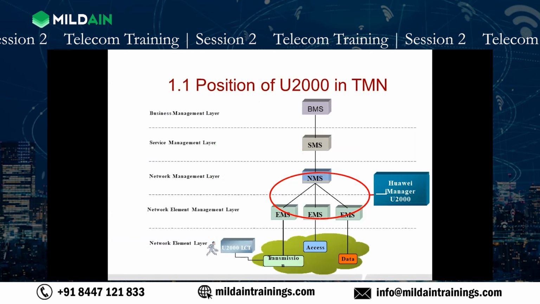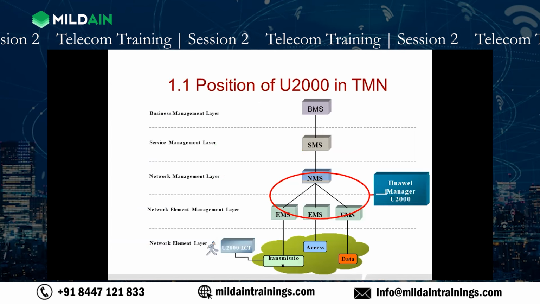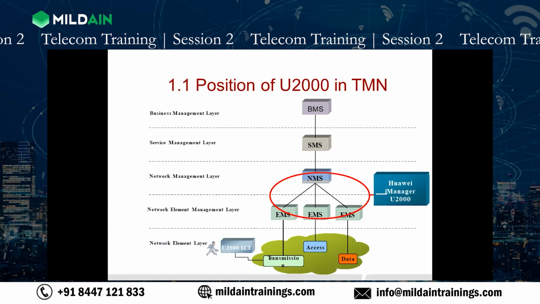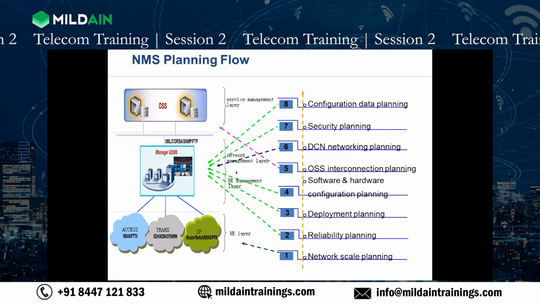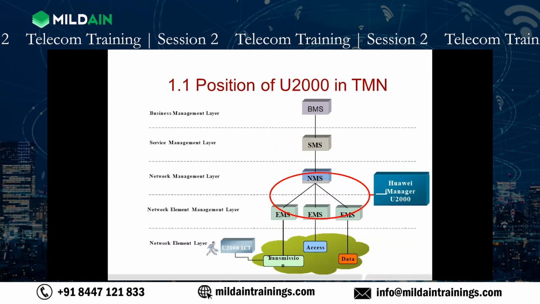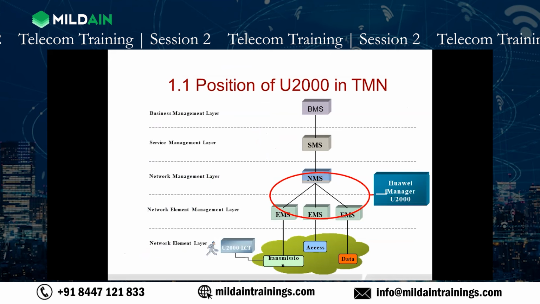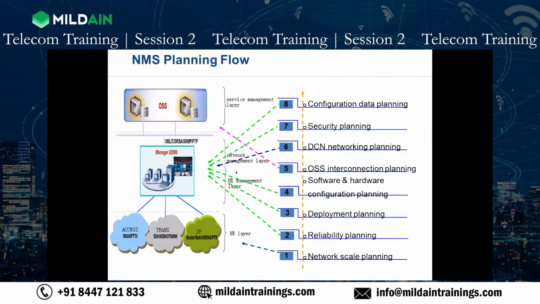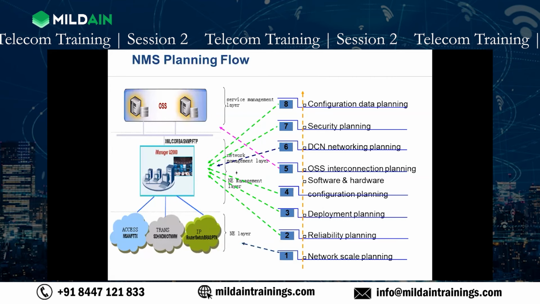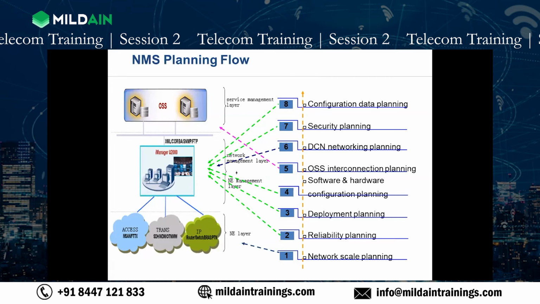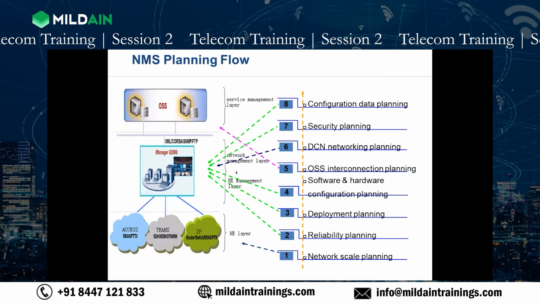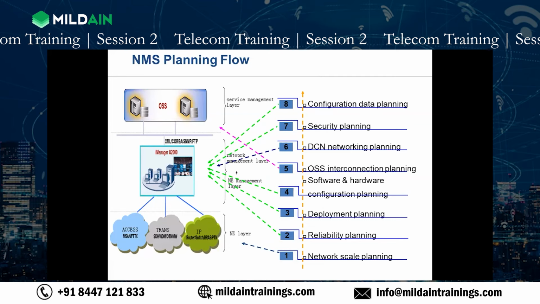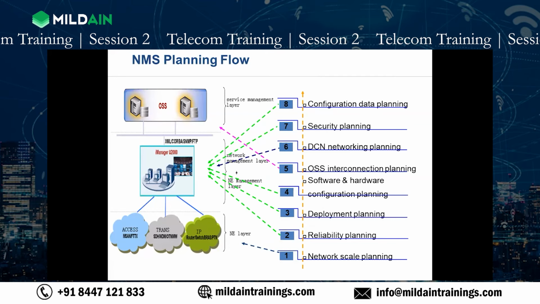This interconnected physical infrastructure, how the logical signal flows from the network element layer to the BMS layer, that we will discuss. Because once you deploy the physical infrastructure, then on top of this, protocols and applications, we need to do the integration. So we can say logical integration.